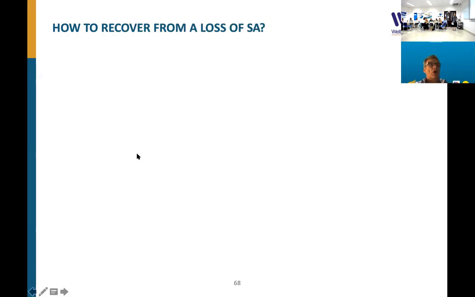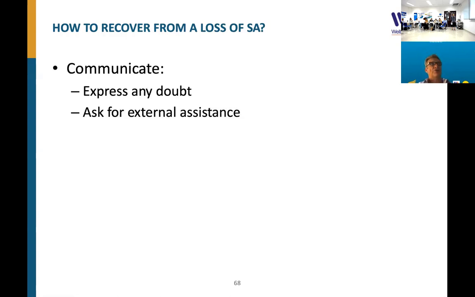So now if we detect that we lost our situation awareness, it could be a good idea to see how we can recover situation awareness. Communication is really the key. Comparing what you have in your mind with what the other, your colleague or the other member of the team, has in mind might be very useful.